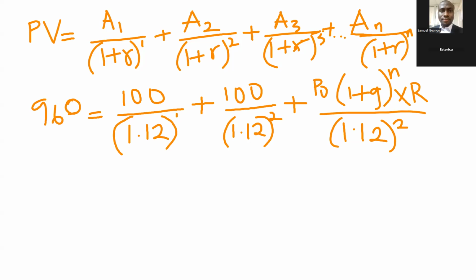Now, our 960 still remains 960 here, which is equal to, now quickly discount this. If I say this 100 divided by 1.12, I get 89.29.